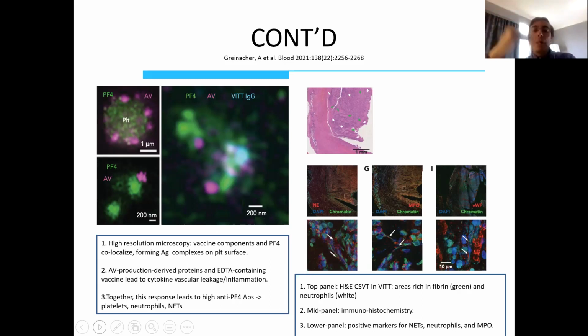And on the lower pictures, the mid panel, which are immunohistochemistry panels, they are very rich in positive markers for DNA destruction related and coagulation cascade related parts within the clot. These are called NETosis, neutrophils, and MPO.